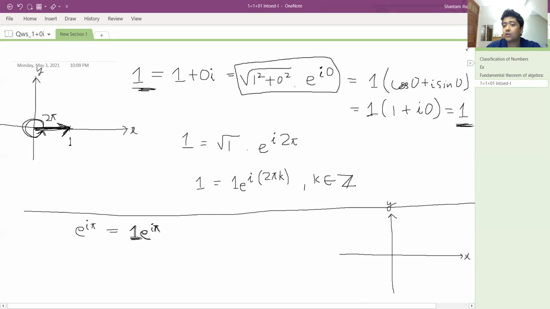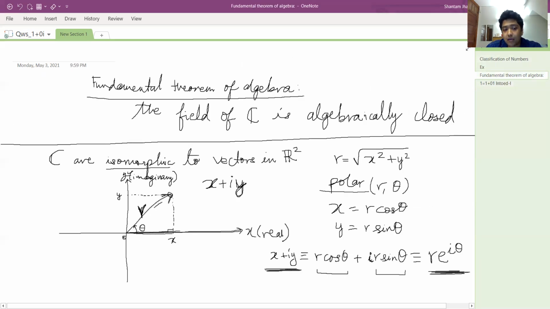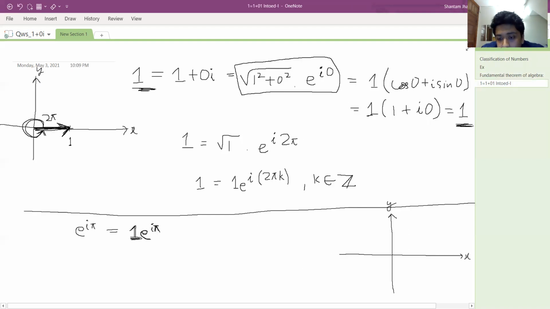And how did I define theta? I define theta by saying it is measured with respect to the positive x-axis and it increases counterclockwise. So how do I go from 0, which is here, to pi? Well, pi is half of a circle, so I go here, right? And what's the magnitude of my vector? It's 1.